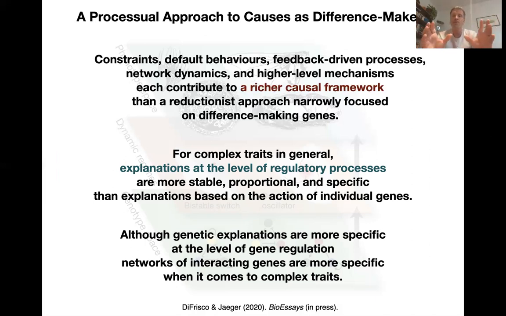So the relevant level of explanation is not to bottom out and try to explain the behavior of the entire system at the level of single genes or factors, or even their enhancers, their molecular structure. That's just missing the point, okay? If you're interested in how the network works as a whole, you need to look at the higher levels.